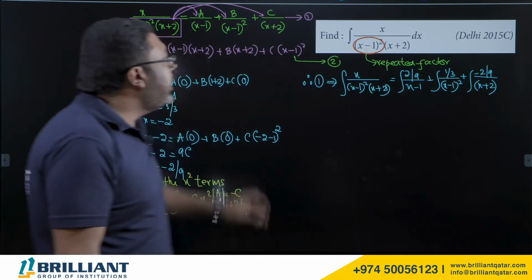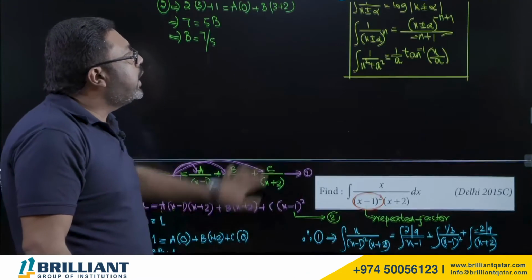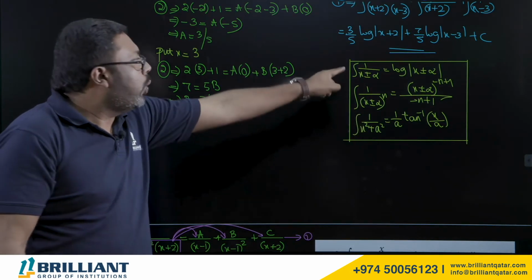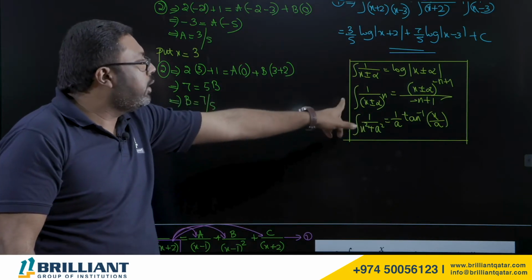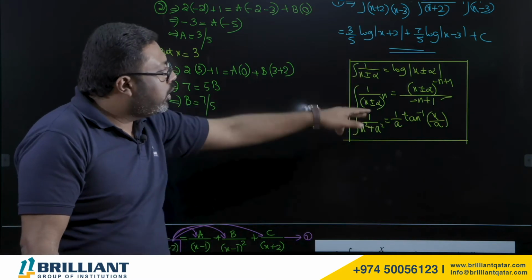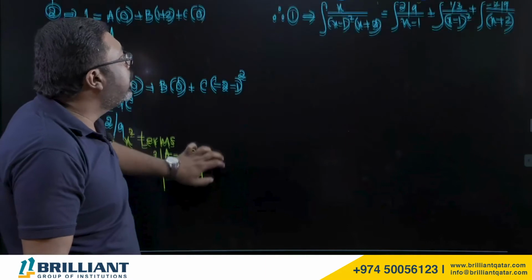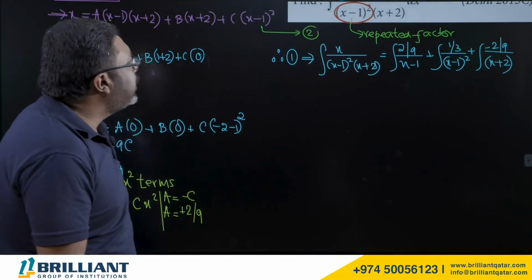I told you in the previous question what the different forms of integration you are going to face are: one is 1 by simple factor, 1 by repeated factor, 1 by quadratic factor. You have a simple factor and a repeated factor form here.